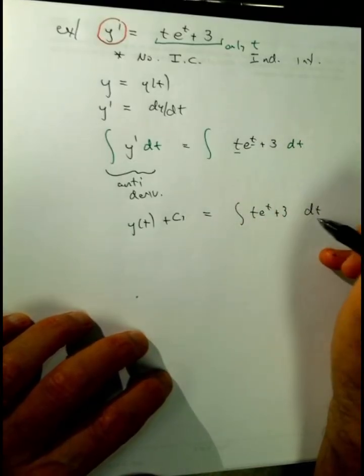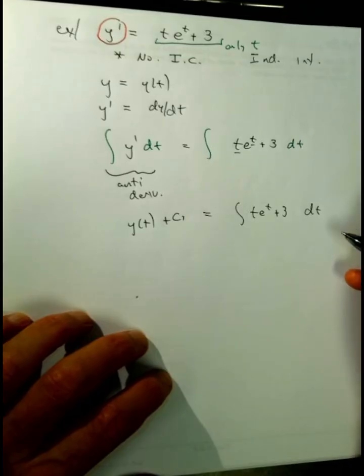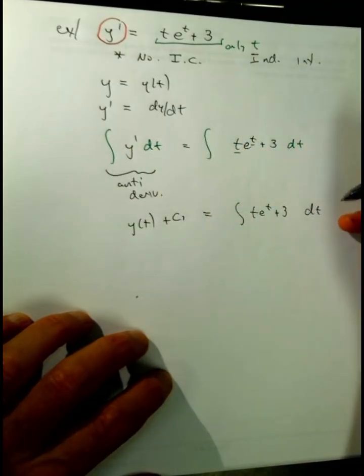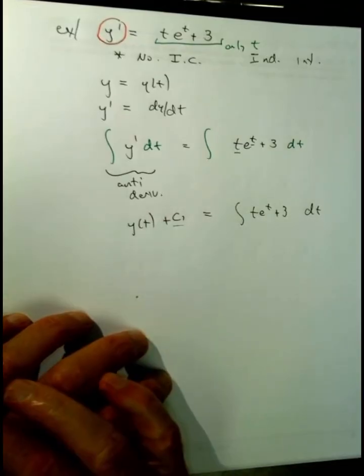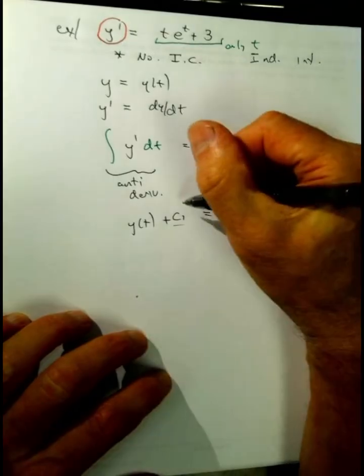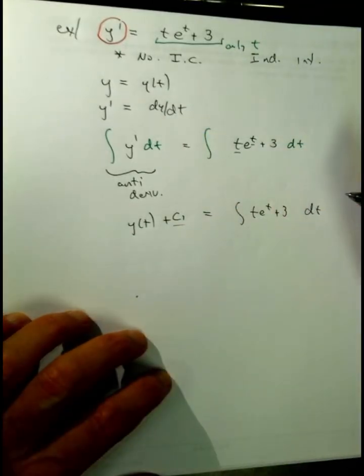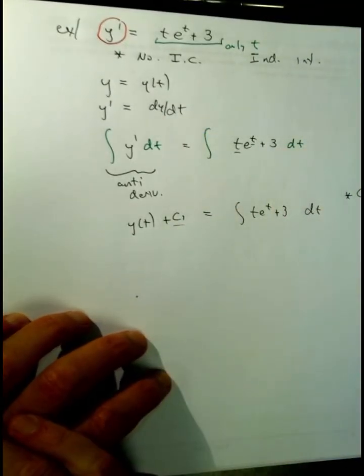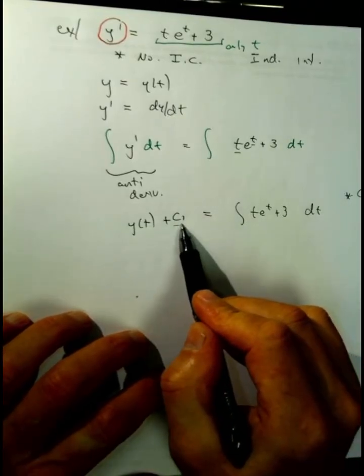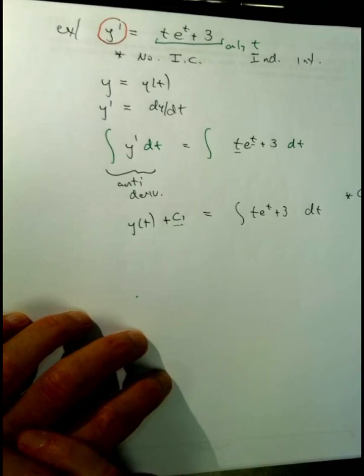Now, I'm going to have an antiderivative on the right-hand side, so that's going to give me a constant. Later on, I'm just going to combine those things together and just say I have a single constant. But I'm going to be a little pedantic here to make sure we can see why that's the case. So I'm going to call this constant c1, but note I'm going to get a c2 on the right-hand side eventually when I do that antiderivative. And when I subtract it from both sides, I'm just going to combine it together.